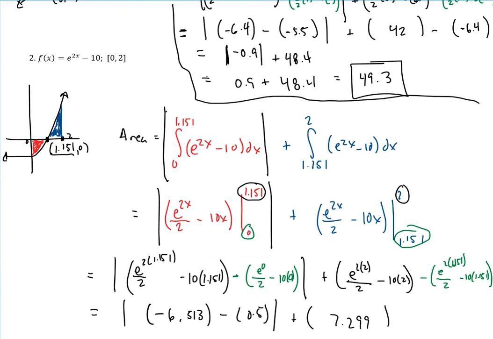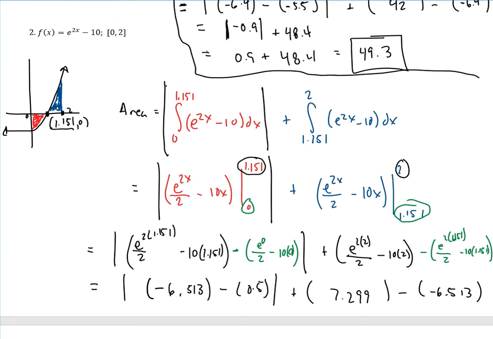And then minus this in the green. Well, this in the green matches this first one in this problem. So notice the same numbers. So it will be negative 6.513. That's pretty common when you have multiple integrals with this find an area. Usually one or two of them are the same thing.